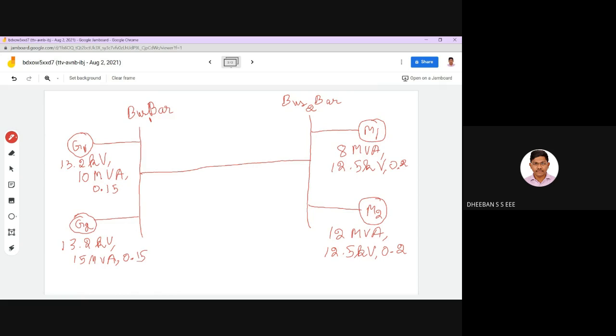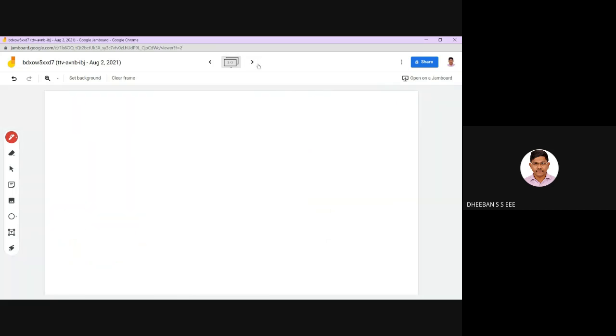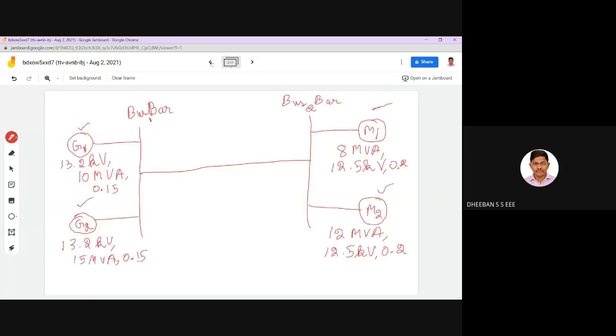Particularly, they have asked to find only the per unit reactance value for G1, G2, M1, M2. They didn't ask to find it for the transmission line. So our primary objective will be related to these four equipments. So this is the diagram, and now we will be moving to the problem.